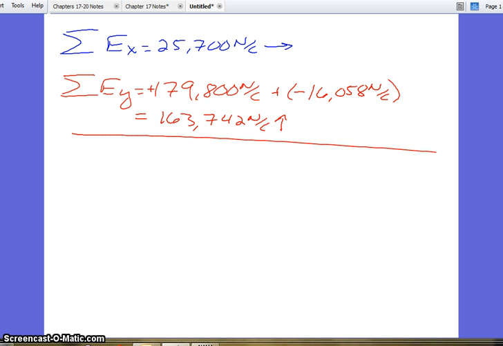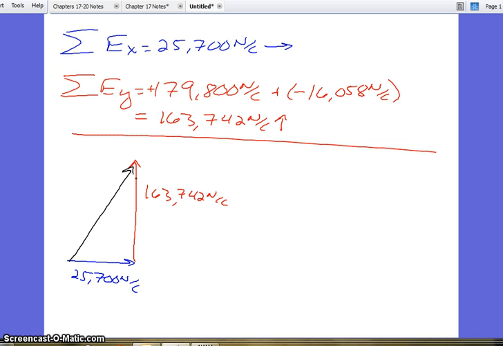Now what we're going to do is redraw this triangle. We have a total of 25,700 newtons per coulomb to the right, and we have a total of 163,742 newtons per coulomb up. Then we'll find the hypotenuse and also that angle.